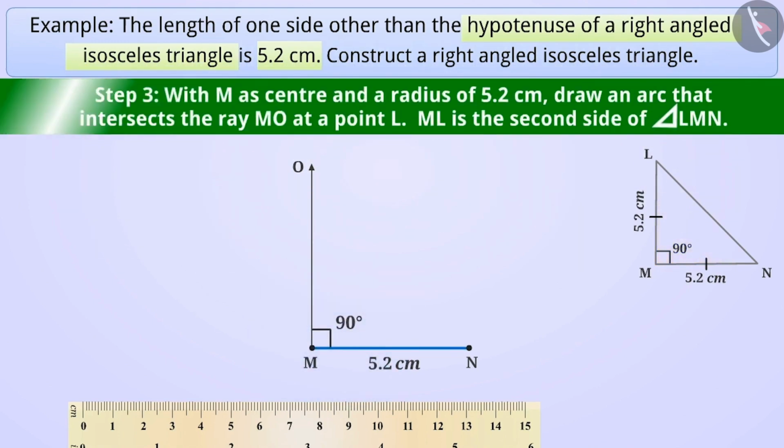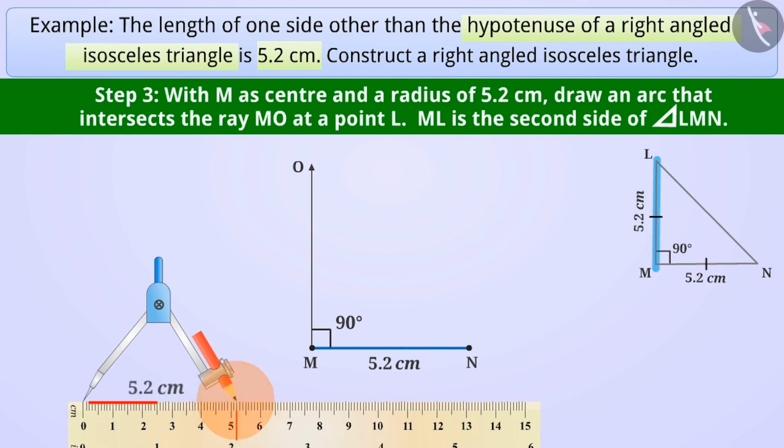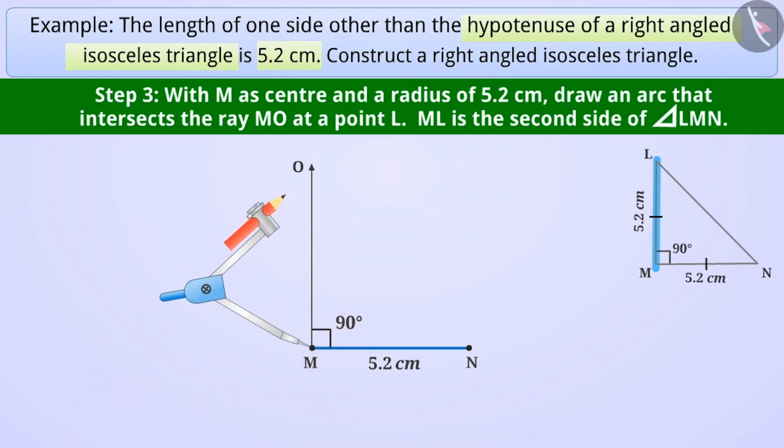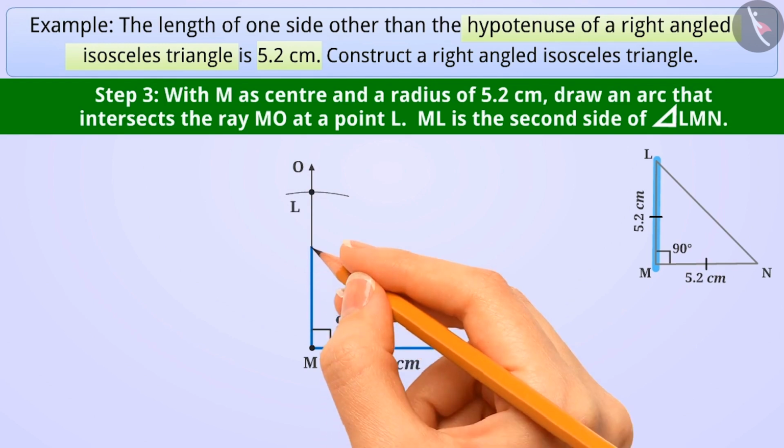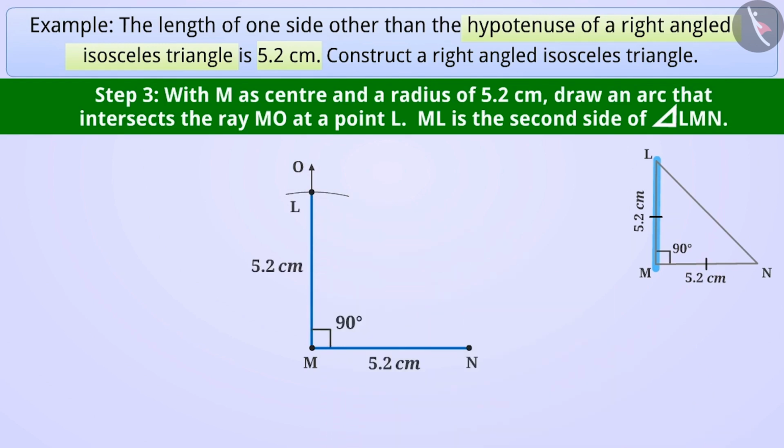Step 3. We know the length of the other side, which measures 5.2 cm. Therefore, we will open the compass for the required radius of 5.2 cm. With M as center and a radius of 5.2 cm, we will draw an arc. It intersects the ray MO at a point L. ML is the second side of triangle LMN.